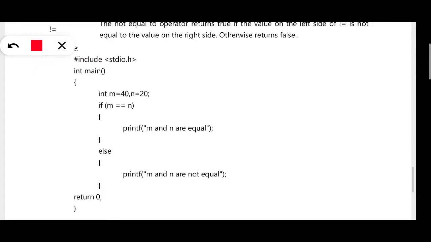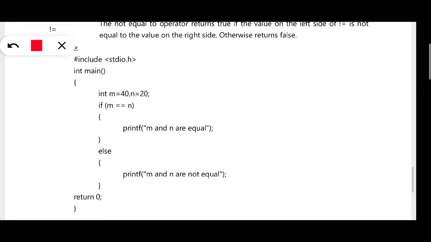In this program, #include <stdio.h>, main, integer m is equal to 40, n is equal to 20.